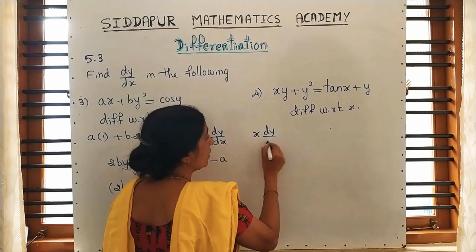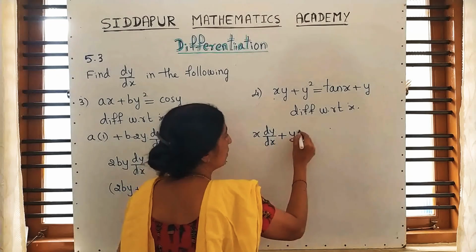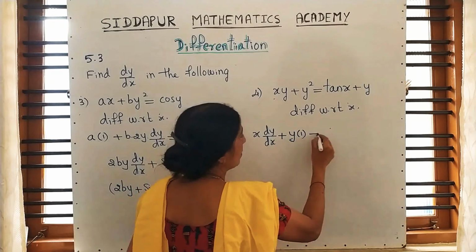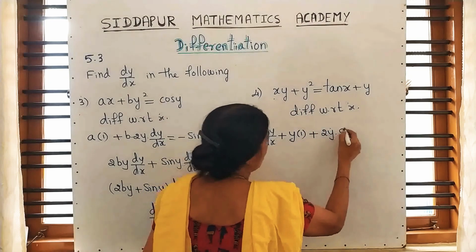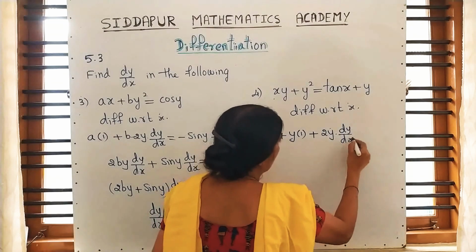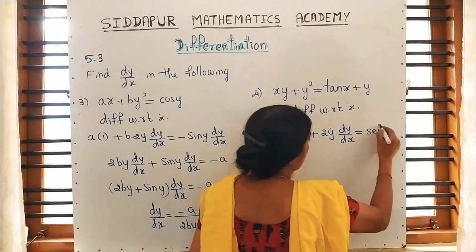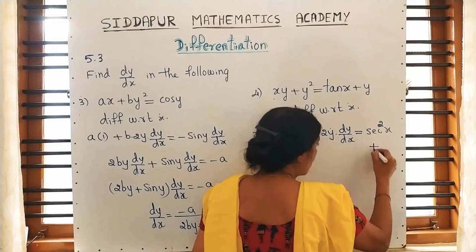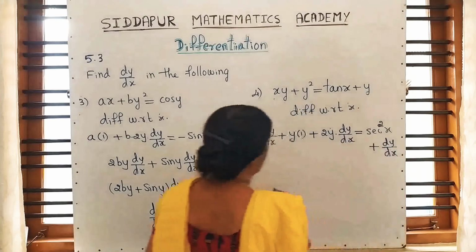Differentiation of y is dy upon dx, plus y as it is. Differentiation of x is 1, plus differentiation of y square is 2y into dy upon dx, is equal to differentiation of tan x is secant square x, plus differentiation of y is dy upon dx.